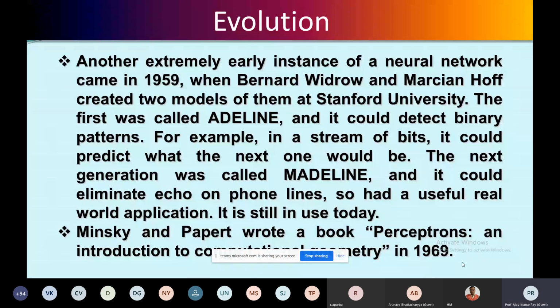Just give it, say, two different images, it can distinguish between a cat and a dog, like that. But then Minsky said that the perceptron is not a neural network in the real sense, because it had lots of limitations.